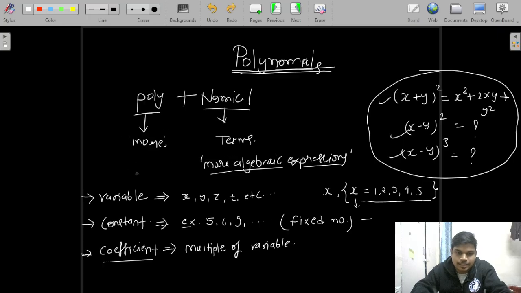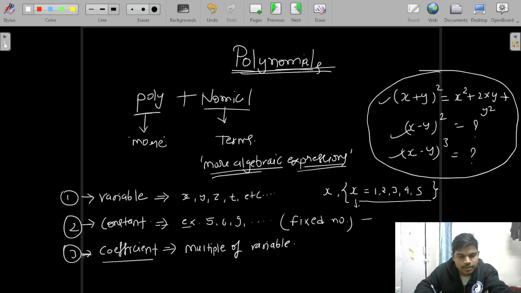If any algebraic expression has more terms, you can say that this is a polynomial. Suppose 5x, 9x, even 2. For forming a polynomial, we need first a variable, second a constant, and third a coefficient.